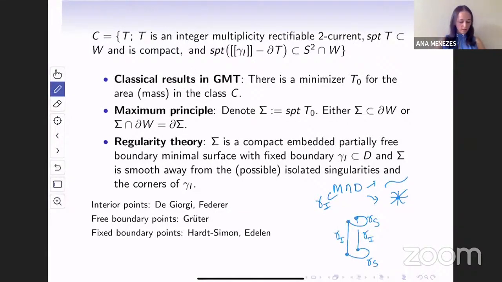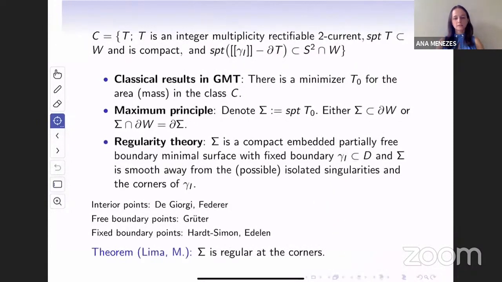So the combination of all this work gives us regularity away from these any-pronged singularities and the corners. And as our contribution to this regularity part, Vanessa and I also proved that sigma is also regular at the corners.